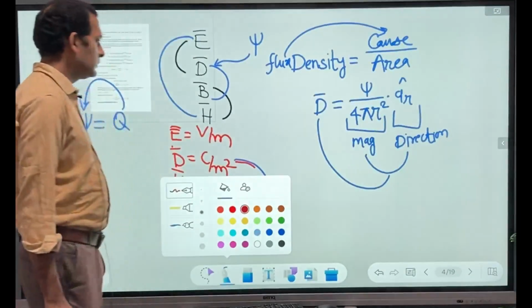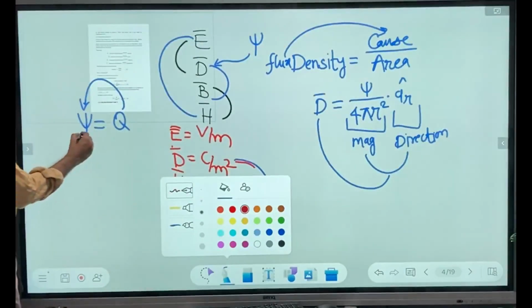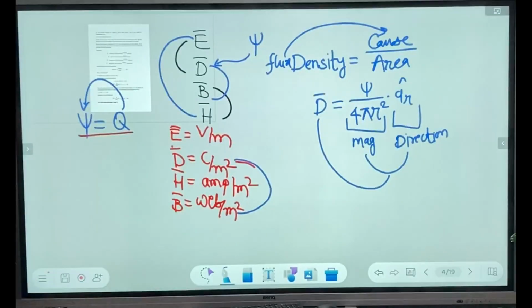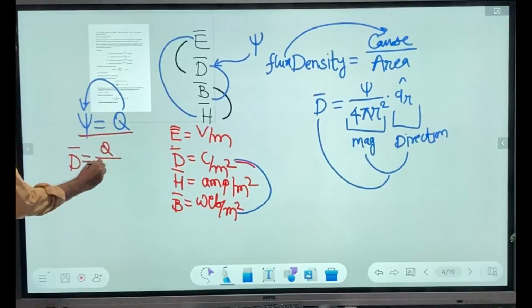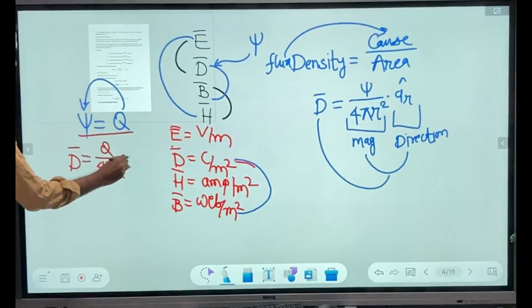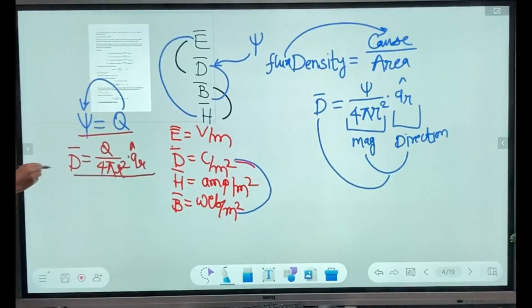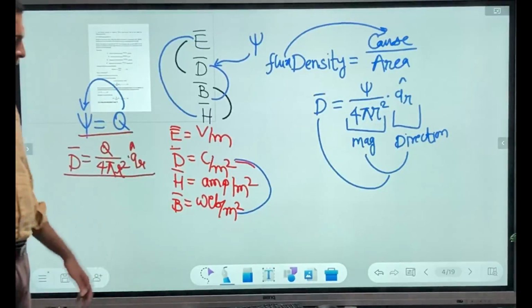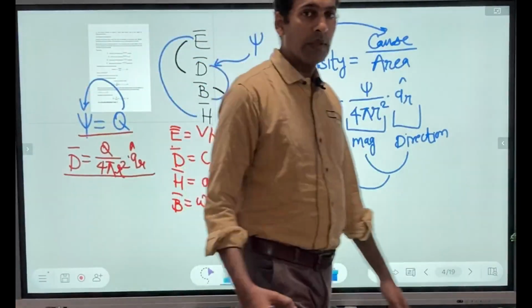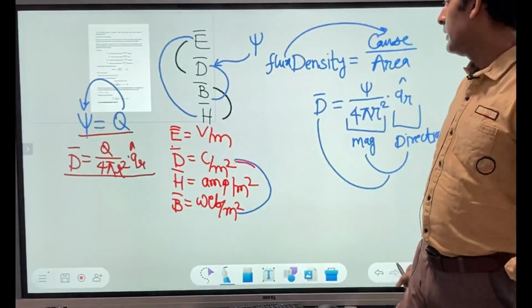So keeping psi equal to Q, we can write D bar is equal to Q by 4 pi r square into a_r cap. So this is the form of electric flux and its density.